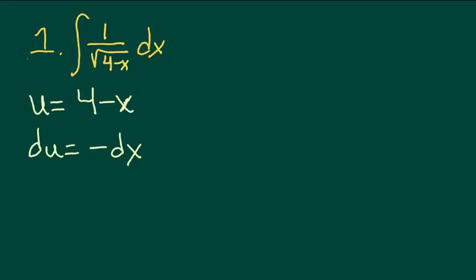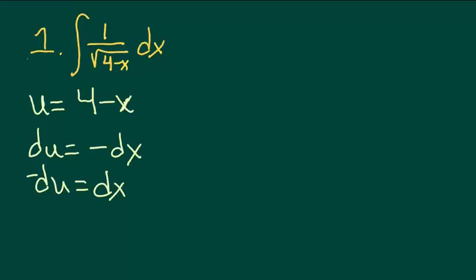And in order to get this to more closely match what we have going on in the original expression, we're going to divide both sides of du equals negative dx by negative 1. Just rearrange that equation real quick. Negative du is equal to dx because we don't have a negative inside the integral in the beginning.